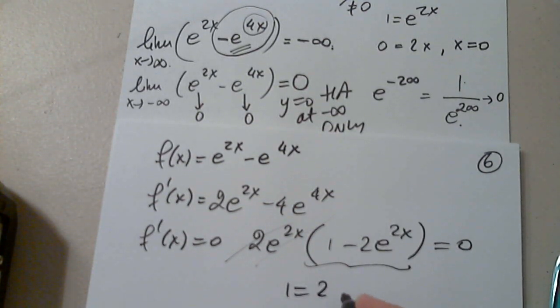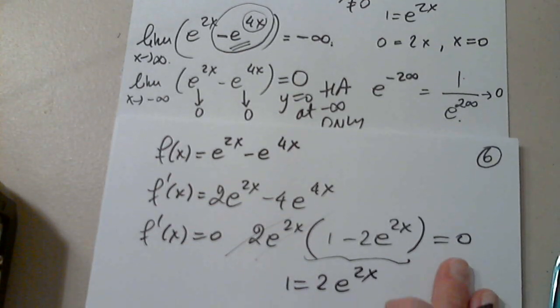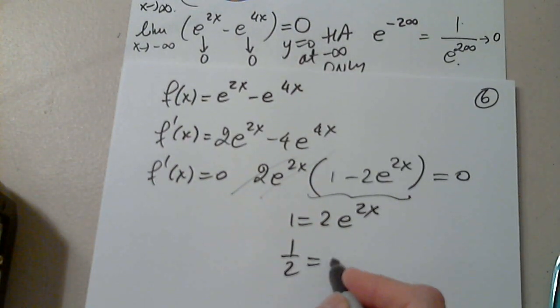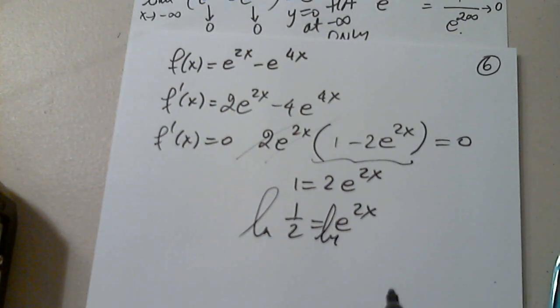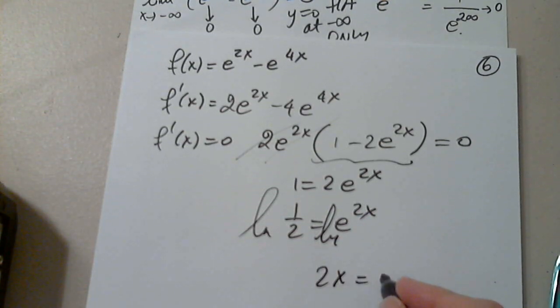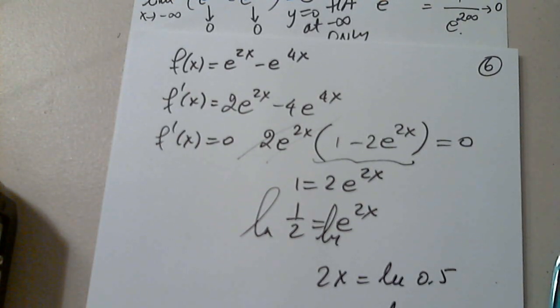So 1 equals 2e to 2x, or 1/2 equals e to 2x. I have no choice, I have to apply natural log. This is just the algebra. So I get 2x equals natural log of 0.5, or x equals natural log of 0.5 divided by 2. This is a negative number, this is a positive number. Let's see what we get.